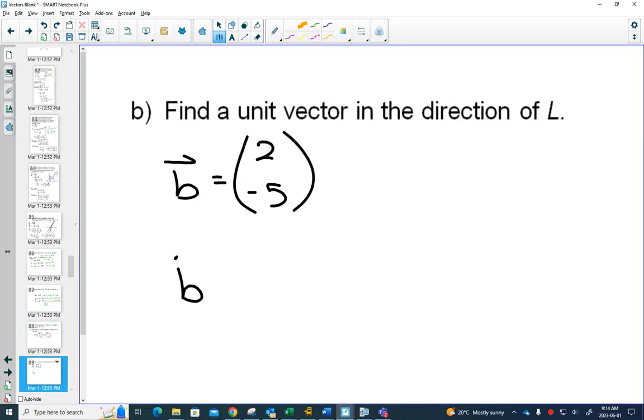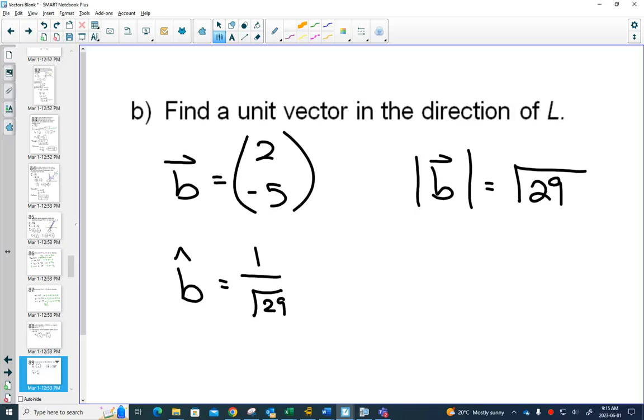So we are wanting to find the unit vector in the same direction as B. Can you tell that the length of B, a squared plus b squared, is the square root of 29? That's how long b is. So anytime you want to find a unit vector, you just say, well, I'm just going to make this vector short by dividing it by the square root of 29, and I have my unit vectors.